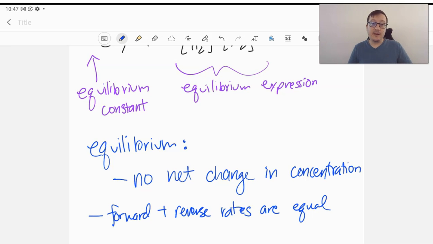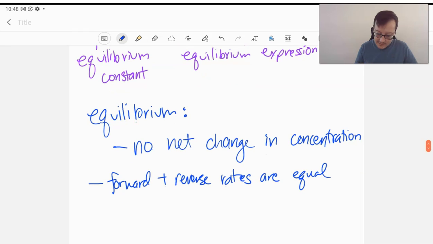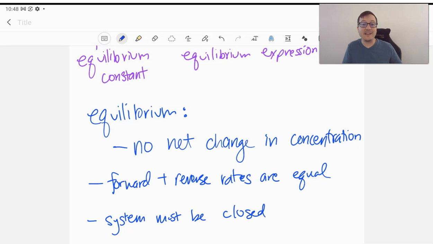And finally, a very important consideration is that the system must be closed for equilibrium to occur. Meaning we can't have our container open to the atmosphere. If we're looking at concentrations of ammonia, hydrogen, and nitrogen, if we just open that up, things are going to fly out and new things are going to come in. And so we're not going to be able to talk about the equilibrium then, because our reactants and products have gone away.